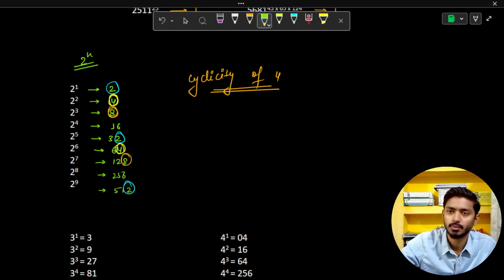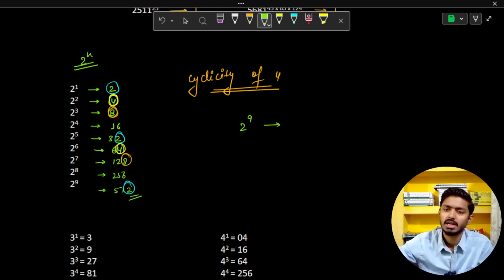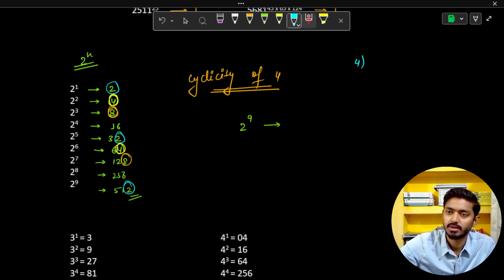So what if they ask us what the unit digit for 2 to the power 9 is? Although we know that would be 2 only, let's try to solve it another way without so much calculation. What we'll do is divide 9 by 4. That would be 2 times 8 and the remainder is 1.